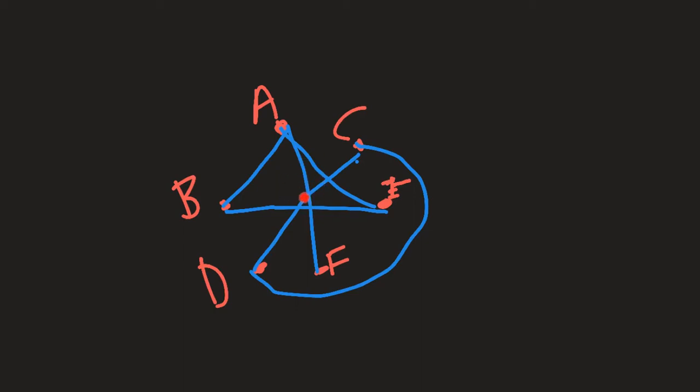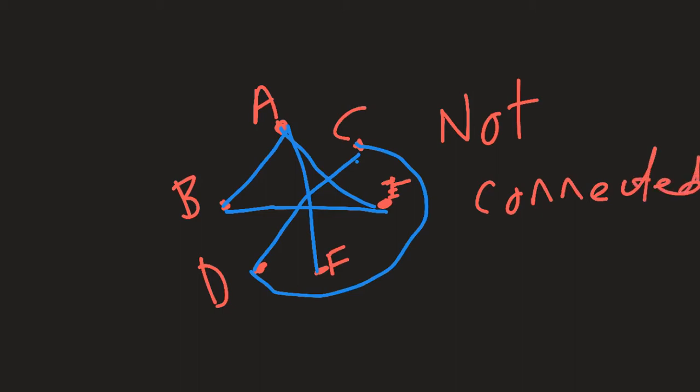So these edges are not connected by a vertex, and as a result, there's no way to get from A over to C. You just can't do it. No matter which way you go at it, you can't get to C. So this would be an example of a not connected network. I hope that helps illustrate a not connected network.